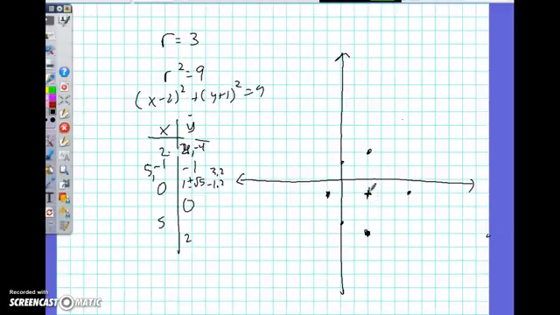Glad I changed that to green because it works so well. What's the radius, Colin? 3. So it'll be up 3, down 3, to the left 3, to the right 3. What am I drawing? If you don't believe it, you can finish that up on your own time.